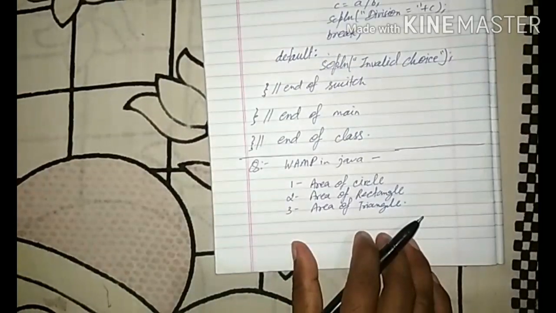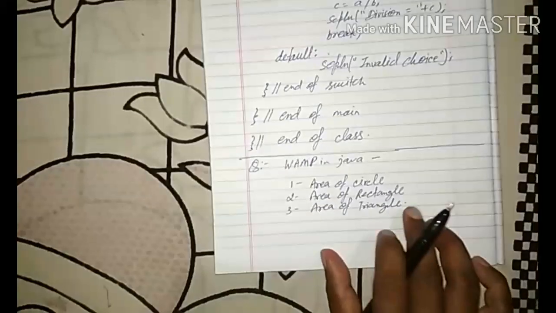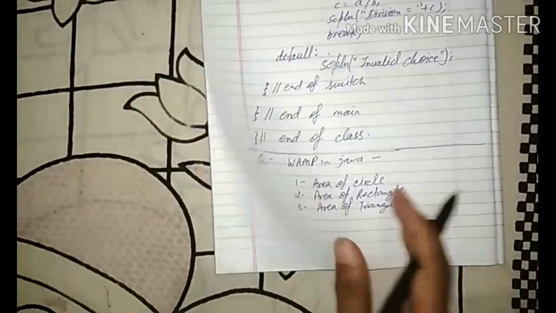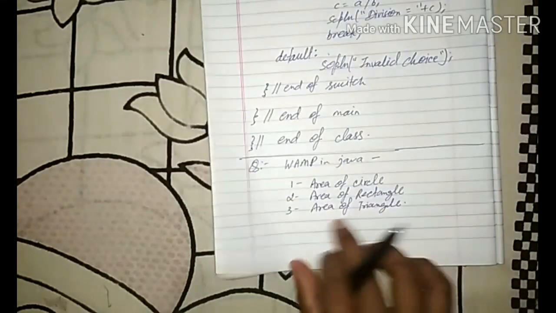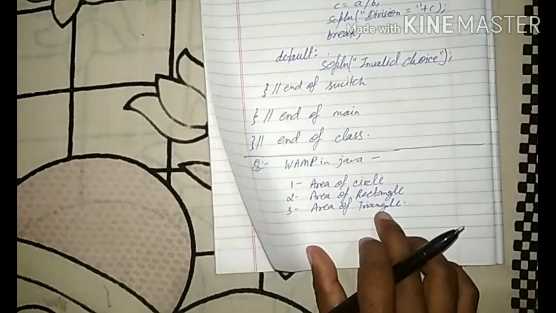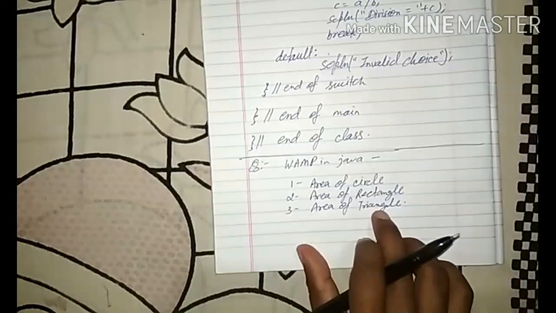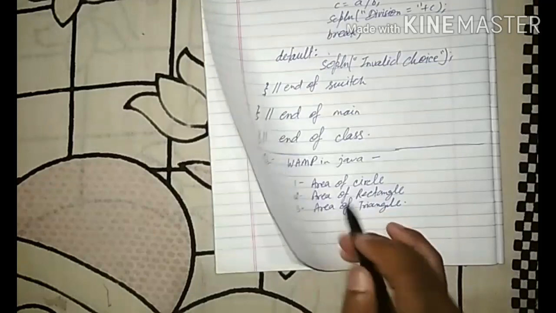Here for the area of triangle, I'm telling the concept because there are many kinds of area. To calculate the triangle area, you can apply Heron's formula. I'm repeating, you can apply Heron's formula. This is the program you have to do.